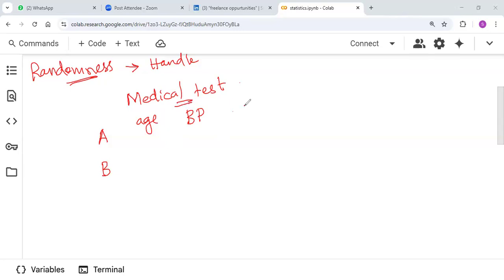After the medical test, if the BP is observed for both patient A and patient B, patient A might fall by 10 points, or patient B might drop by 20 points, according to the measurement in mmHg.